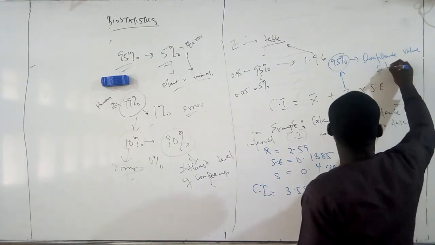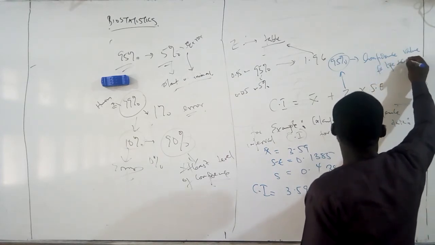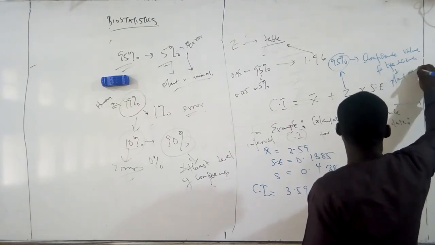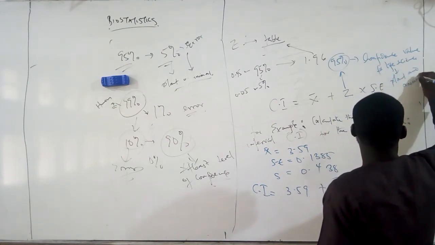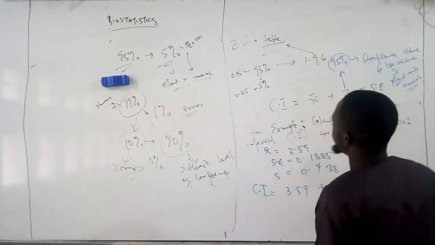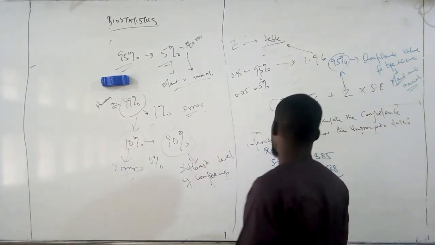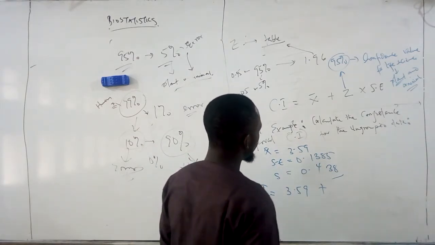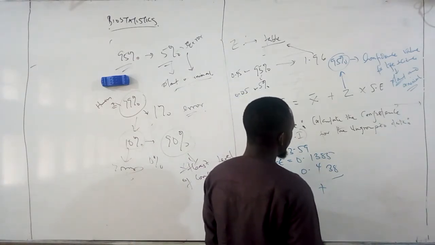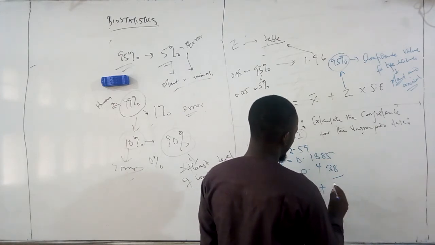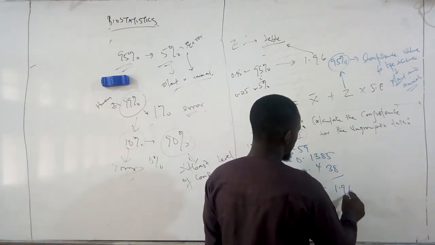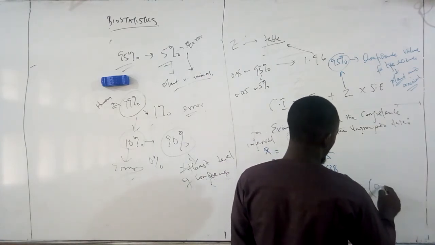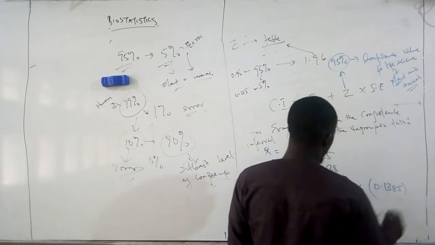For life science, like the plants and the animals. But for humans, we use 99%. So now looking at this, we are going to make use of that of the life science, which is 1.96. You apply it to your standard error, which is 0.1385, right?